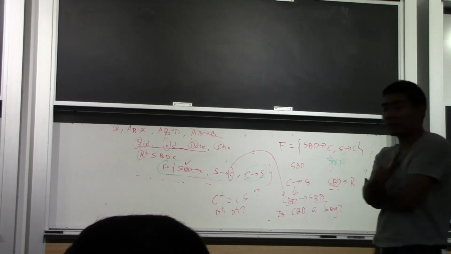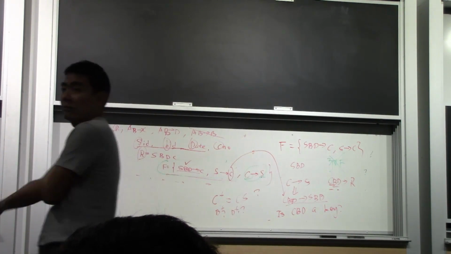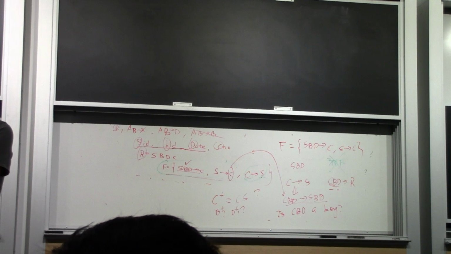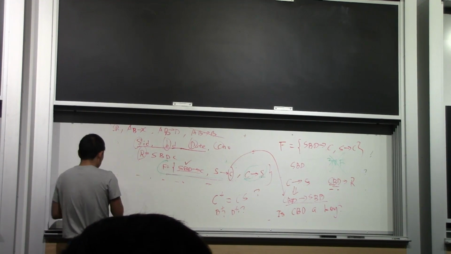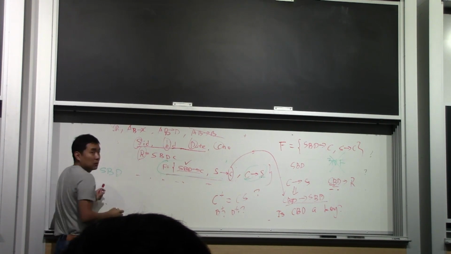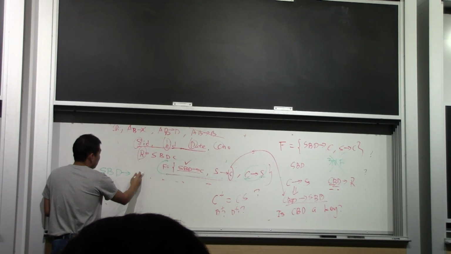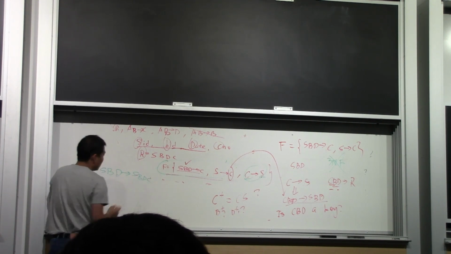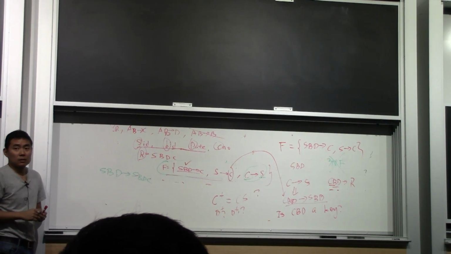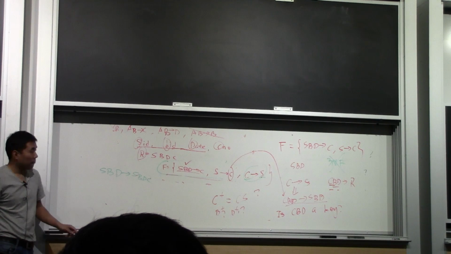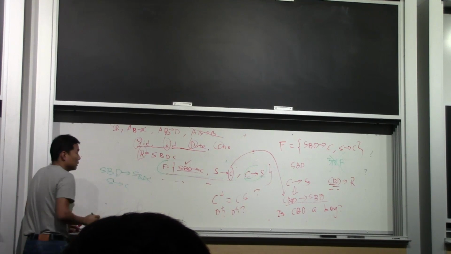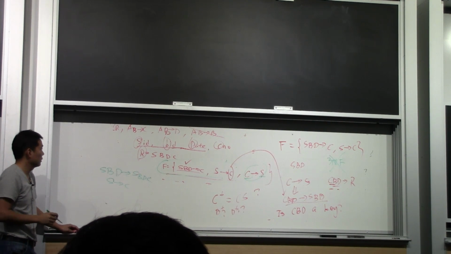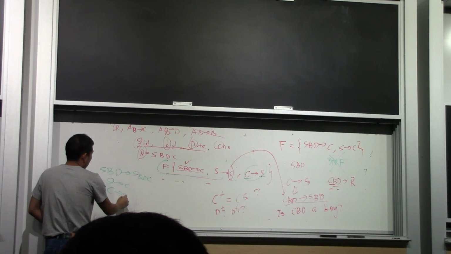Yeah, that's it. Can you just think of it like, since we have SBD as a key, and since C implies S, just substituting S for the C? No? What are you saying? SBD is a key, and we know that C implies S, so can we do a substitution? SBD determines SBDC. Okay, what do you want to do after this? What I'm saying is, since S implies C and C implies S, can we just substitute in the key SBD and just say CBD?